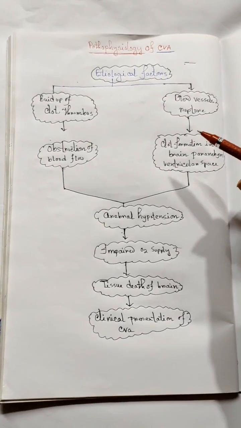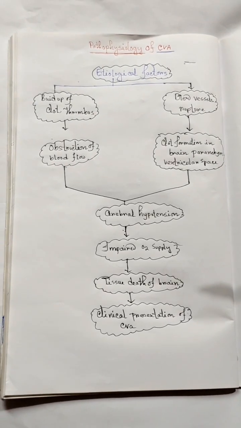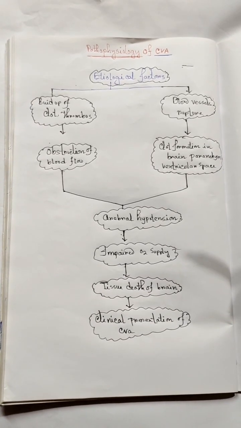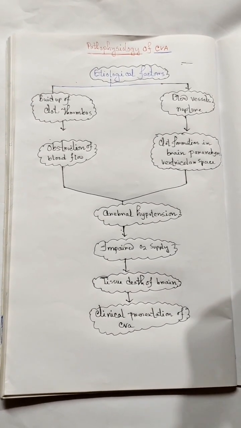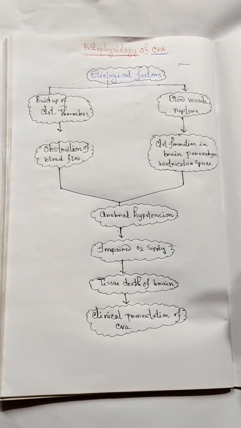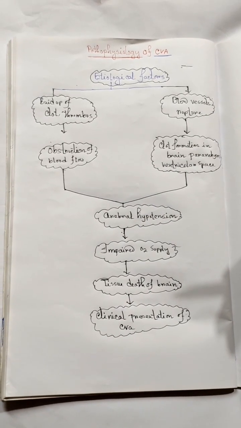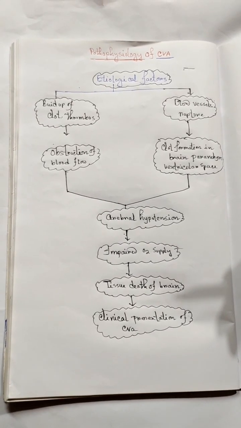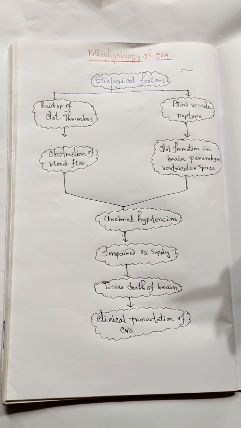When we studied the CVA topic, we discussed that there were many etiological or causative factors. Some of them are obesity, drinking alcohol, and excessive salty or spicy food, through which there is a chance of blood pressure increasing, or a chance of clot or plaque formation in various parts of the arteries, right?